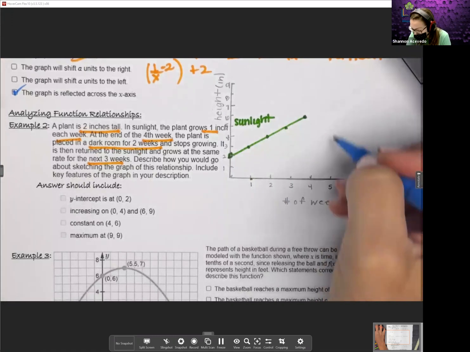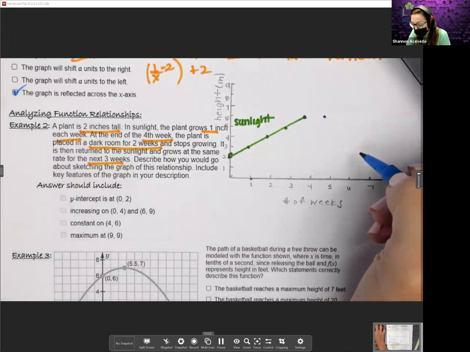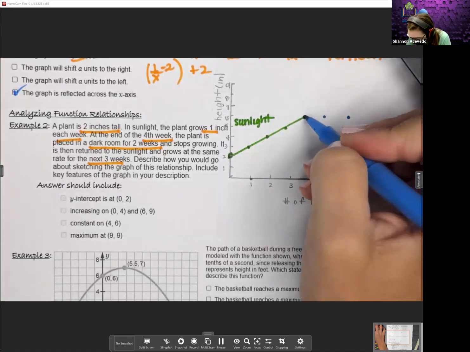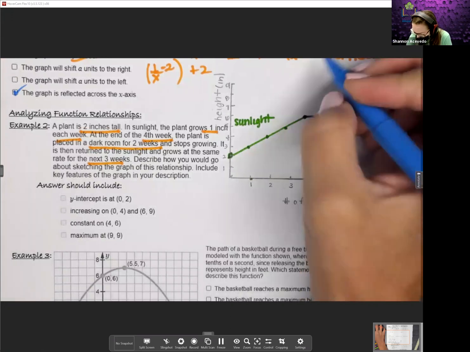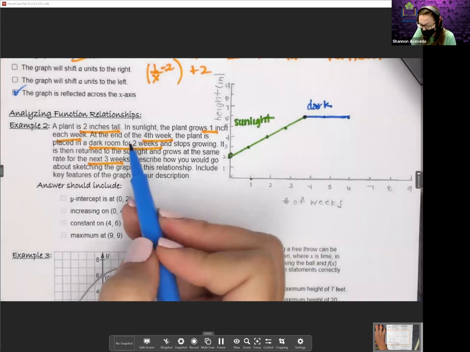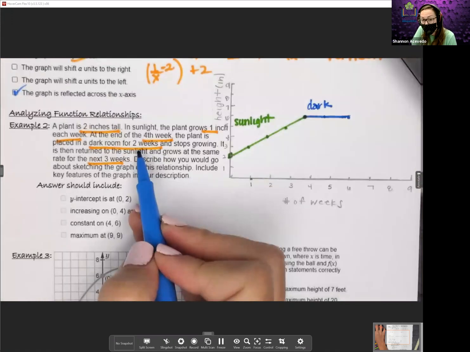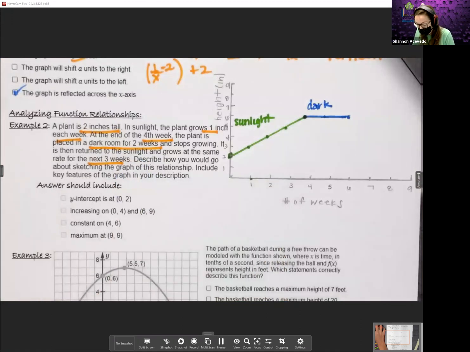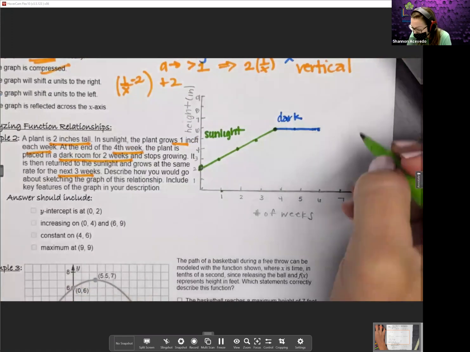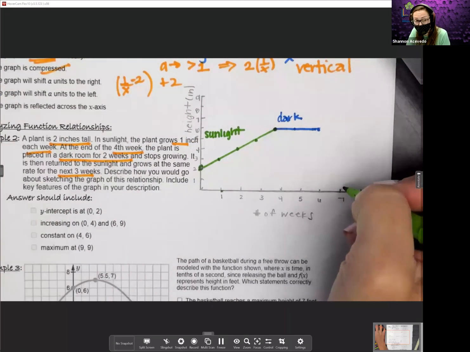So after a week in the dark room, it's still the same height. And then another week, it's still the same height. So this is when we're in our dark room, for 2 weeks. And then it's placed back in the sunlight for another 3 weeks. When it's placed back in the sunlight, it continues to grow.